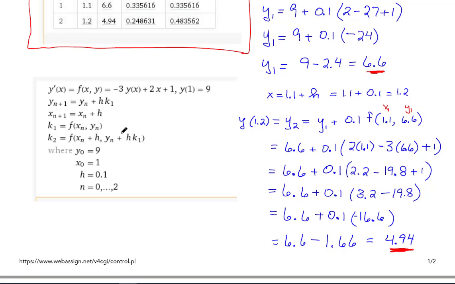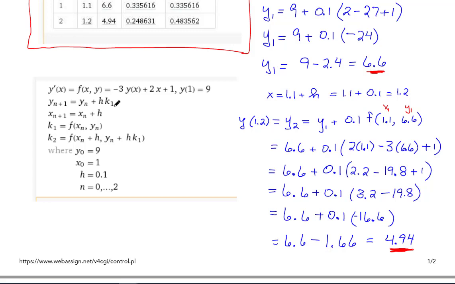Now, if you're looking to program this, which many of you will, those of you who are engineering majors, one of your first courses in engineering is typically a programming course. That could be in MATLAB, it could be in Mathematica, it could be in a programming language like Java or C. So let's see here. y_{n+1} is y_n plus h k1.